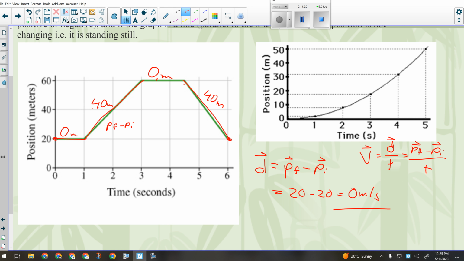Now that I have my total distance, 80 meters, can I calculate the average speed? I can. Average speed, remember, is total distance divided by total time. That's going to be 80 meters divided by 6 seconds.